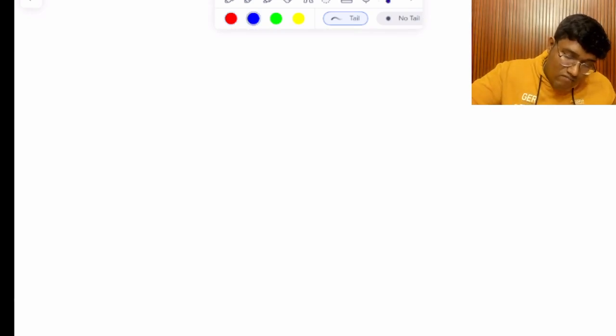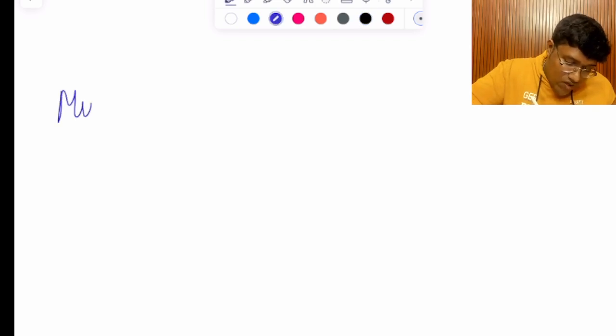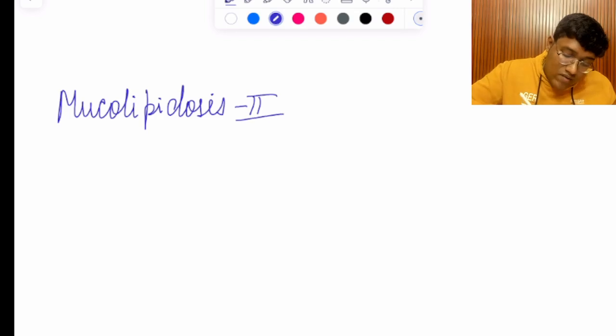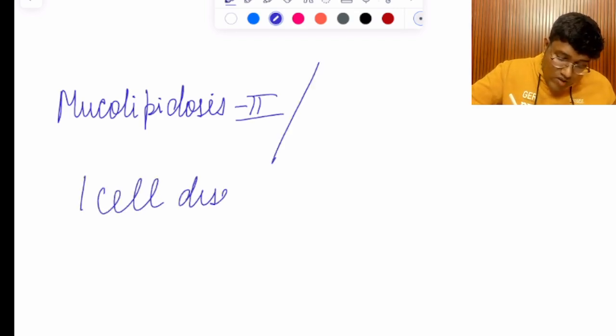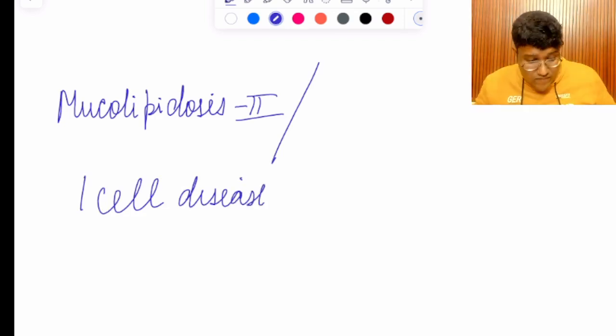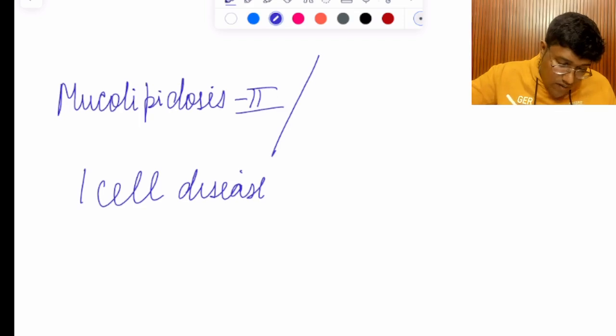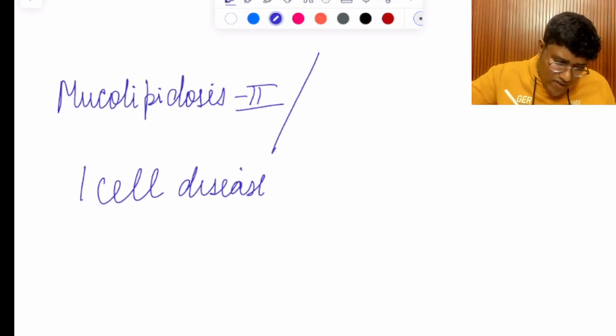And they don't ask this, but the last important one is mucolipidosis. Mucolipidosis 2, which is also called I-cell disease. Now the beauty of I-cell disease: again, autosomal recessive. And the enzyme involved here is NAG.